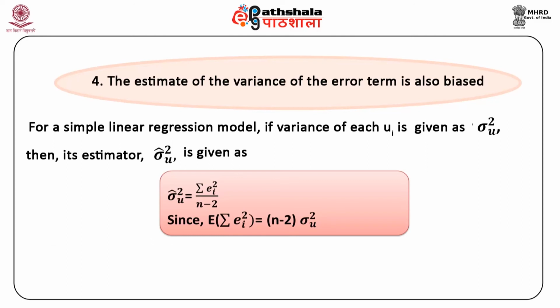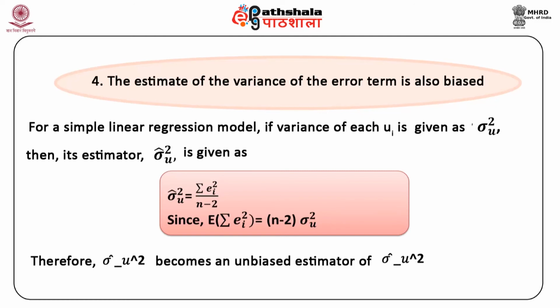Since the expected value of sigma ei square is equal to n minus 2 into sigma u square, therefore sigma u hat square becomes an unbiased estimator of sigma u square.